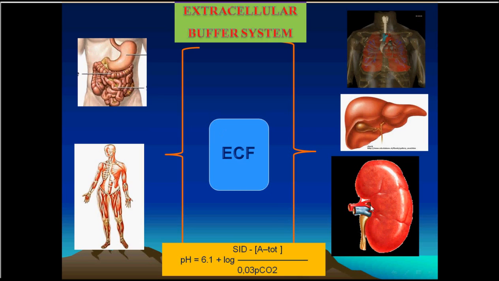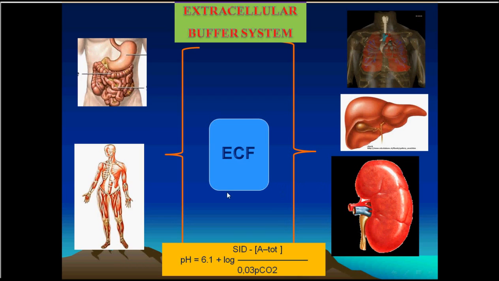Or the imbalance comes from the other hand: the kidney is unable to reclaim the bicarbonate, synthesize bicarbonate, or excrete the normally produced acids. In this case there will be retention and this will lead to acidosis.